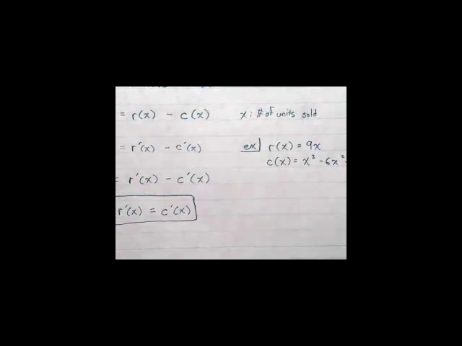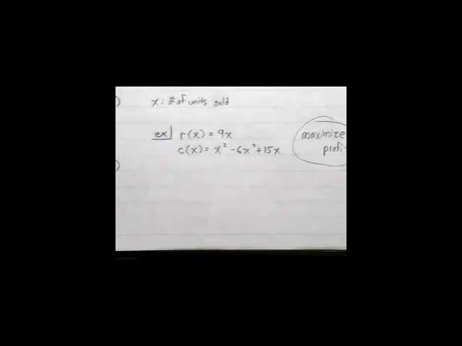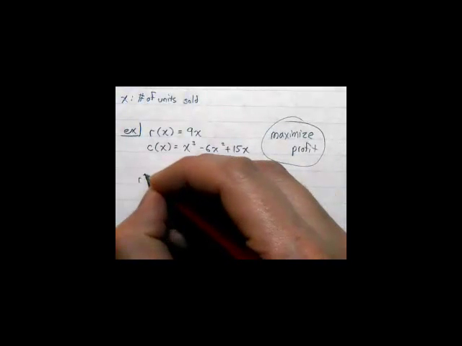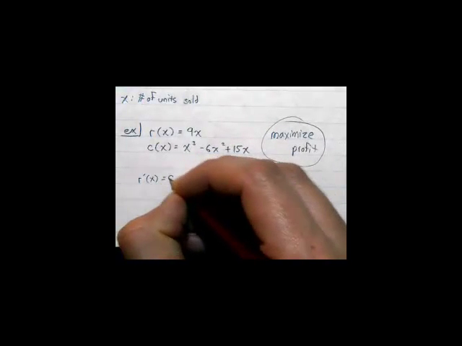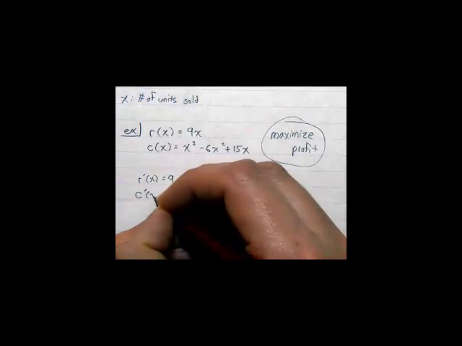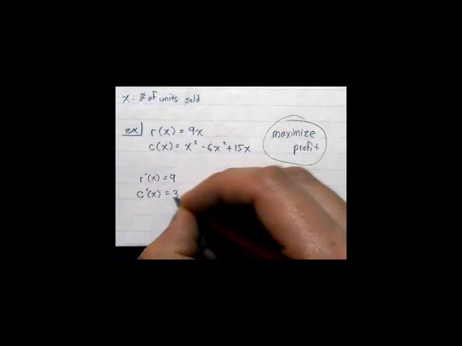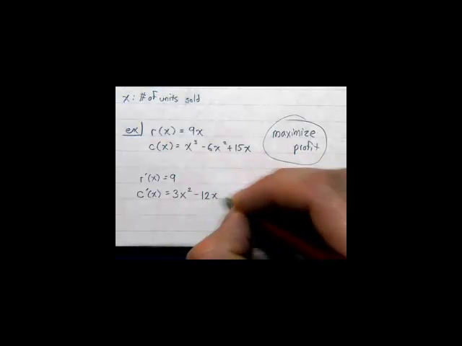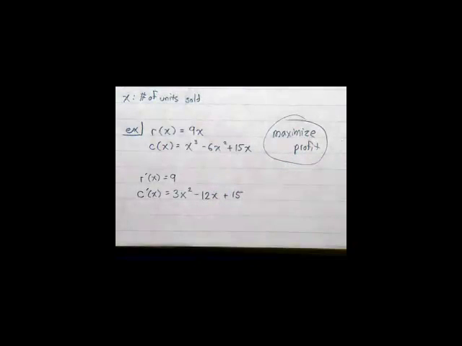So we want to maximize profit. That's what we're going for here. Okay, so R prime of x is 9. C prime of x is 3x squared minus 12x plus 15. And so those two equal to one another.